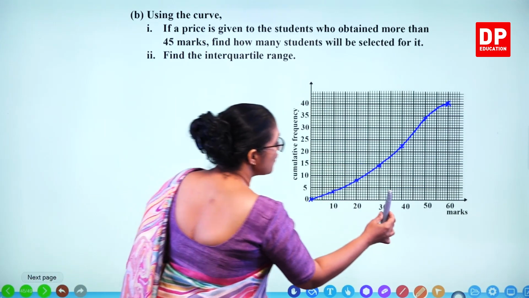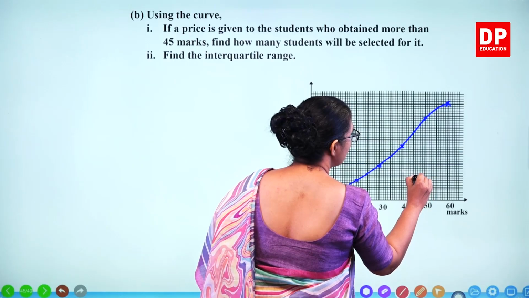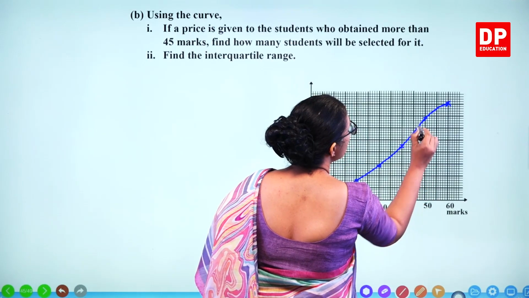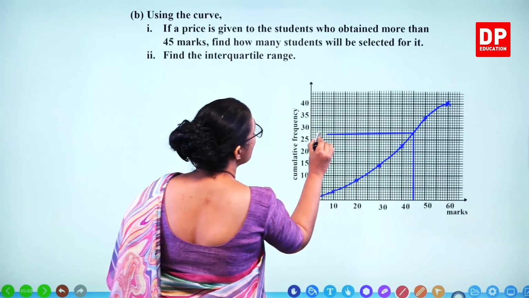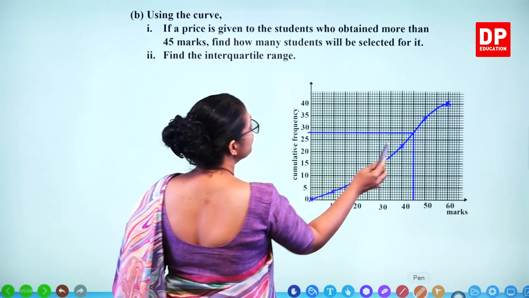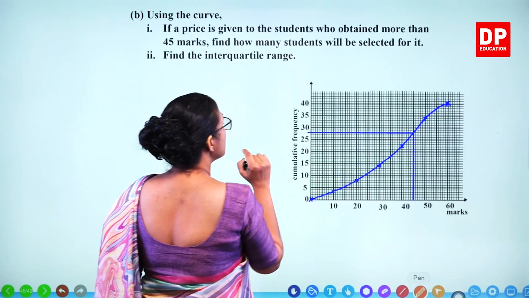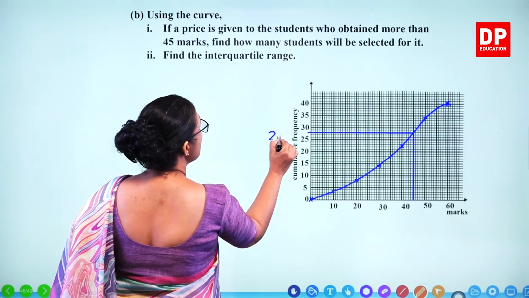More than 45. So here we have to draw a line along 45 and read this value. What's this value? 28. So this value is 28.